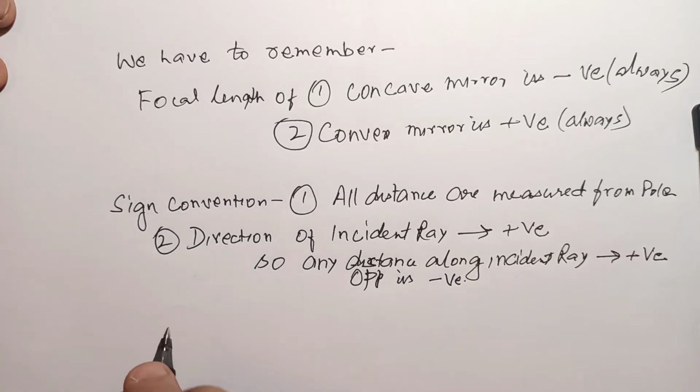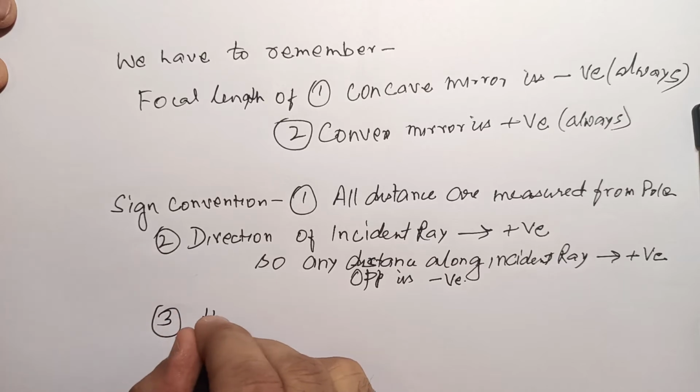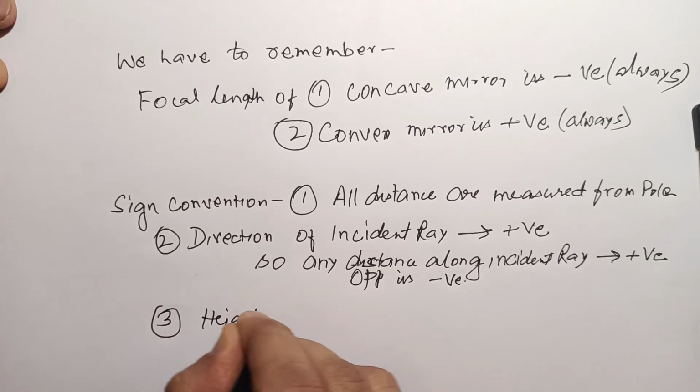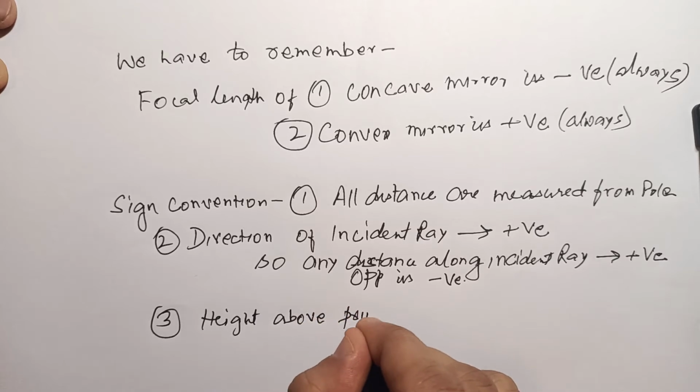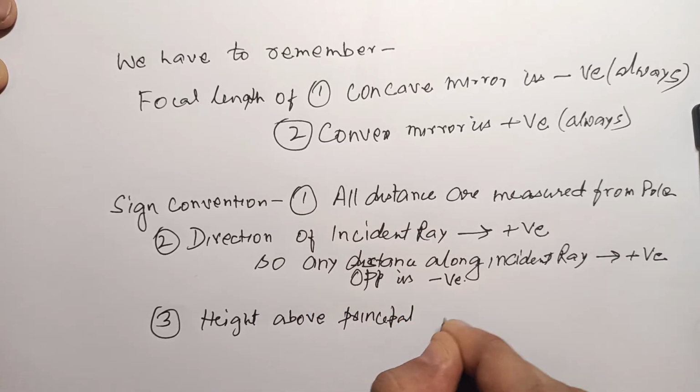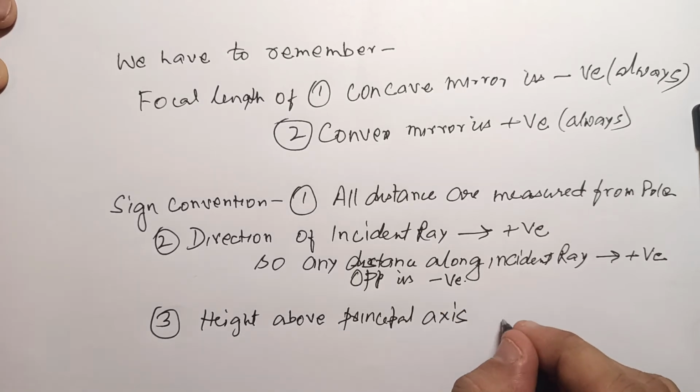Okay, now height above, third, height above principal axis. Height above principal axis are positive.